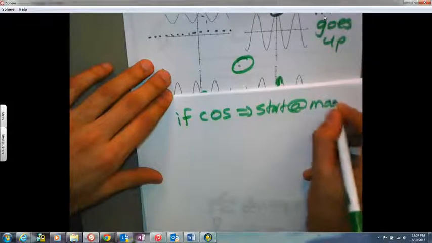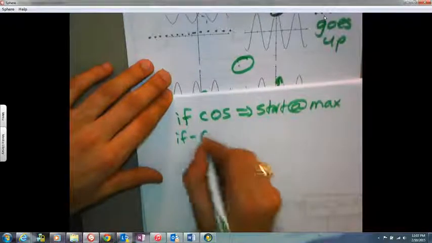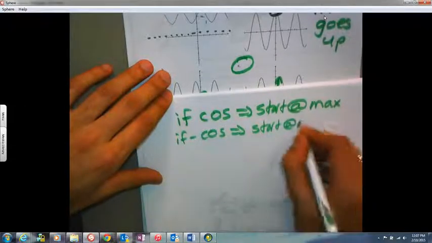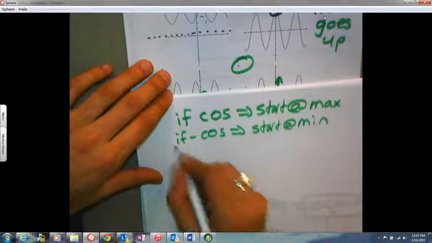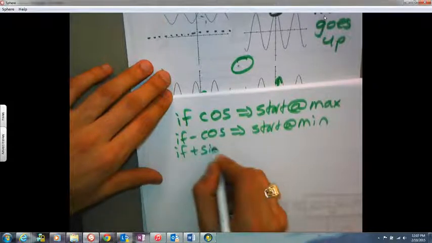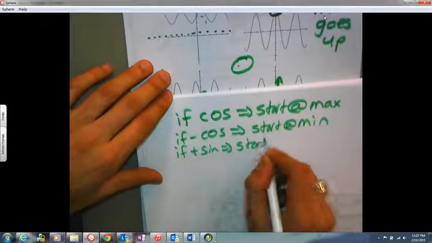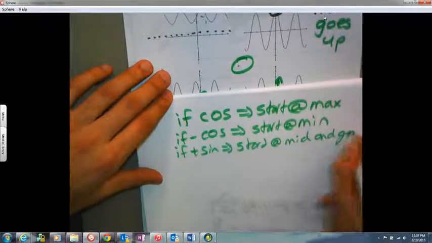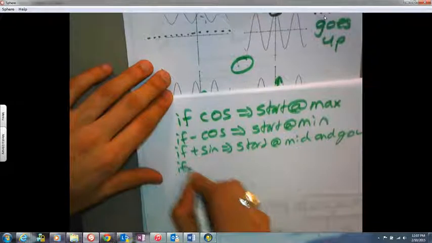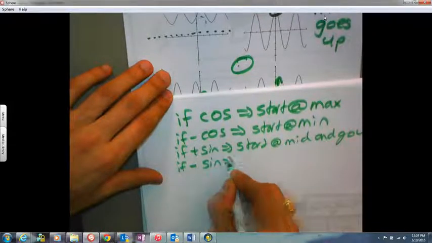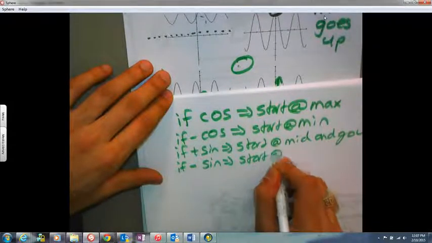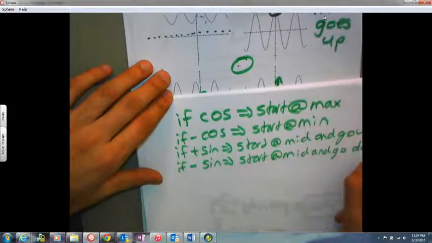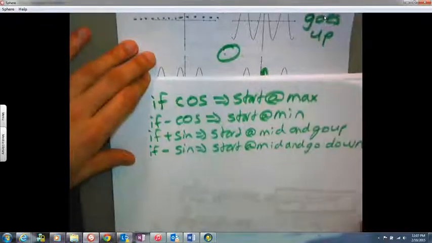If you have negative cosine, then you start at the min. If you have positive sine, then you start at the mid and go up. And if you have negative sine, then you start at the mid and go down. These are kind of the four rules.